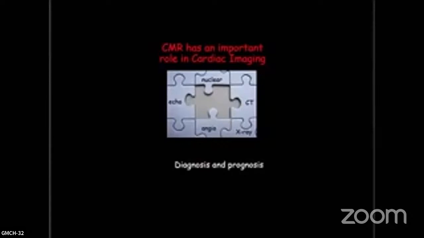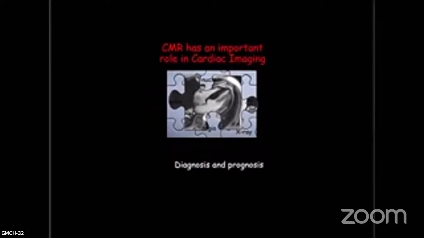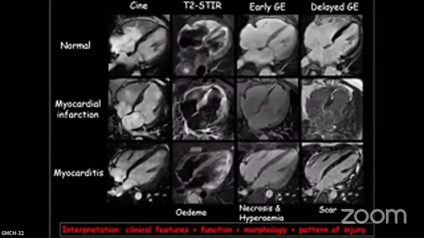So hopefully, I demonstrated that CMR occupies an important role alongside other imaging modalities. And perhaps most importantly, we need to consider etiology, and it helps us also monitor response to treatment. As with everything, interpretation of CMR is in keeping with the clinical context, the function, morphology, and pattern of injury.